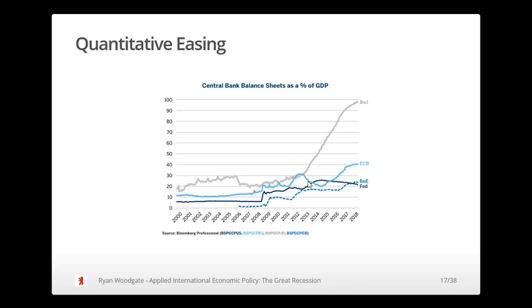So that's the increase in the balance sheet of central banks, so the total value of assets as a percentage of each economy's GDP. And we see that at the outset of the crisis, every major central bank really pumps up the value of the money it's printing to buy first mostly commercial bonds, but also government bonds, and therefore injecting liquidity into the system with the hope that it will prevent hoarding and encourage lending.